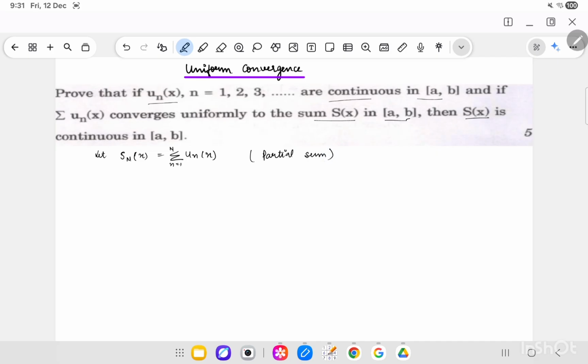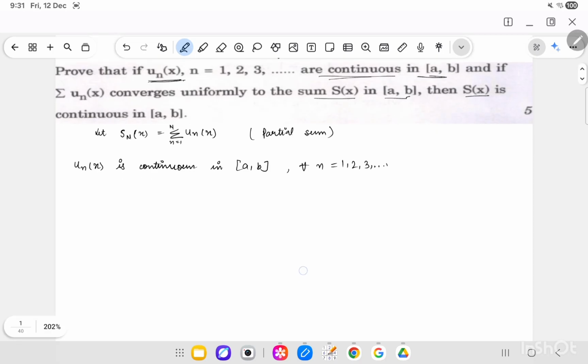Now let's use the given information to conclude something. The first thing that is given to us is that u_n(x) is continuous in [a, b], and it is continuous for all n equals 1, 2, 3, that is, for all n belonging to the natural numbers.